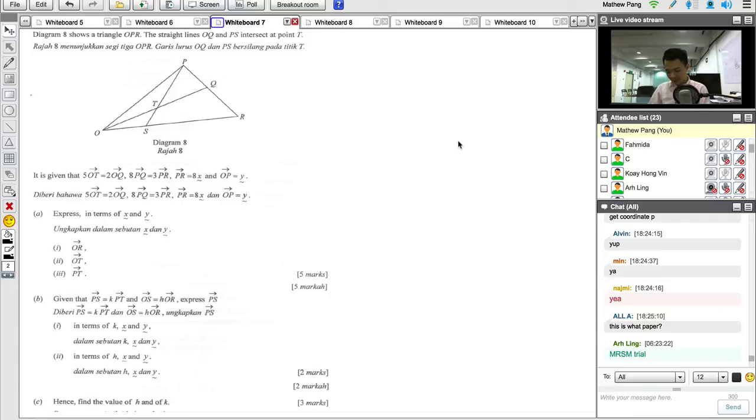Is this question very hard? Actually, I haven't really gone through this question, but I think it should be okay. 5 marks, 2 marks, 3 marks. Wow, it's a 10 mark question.